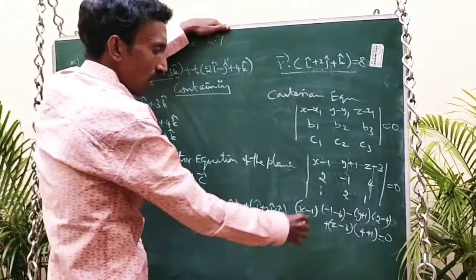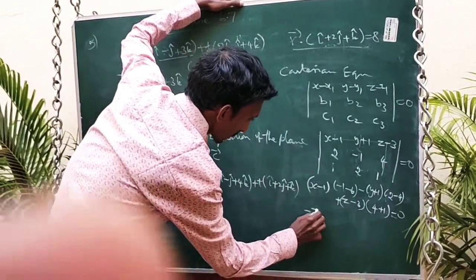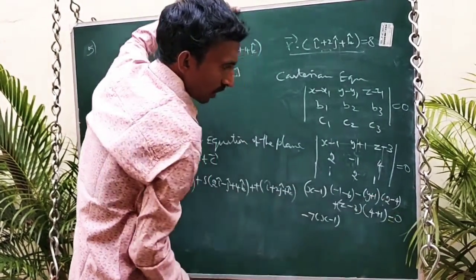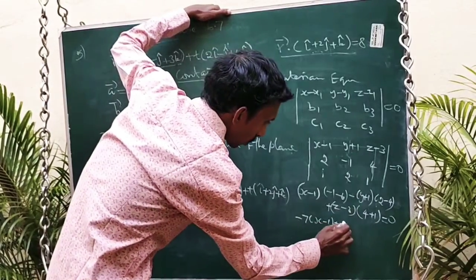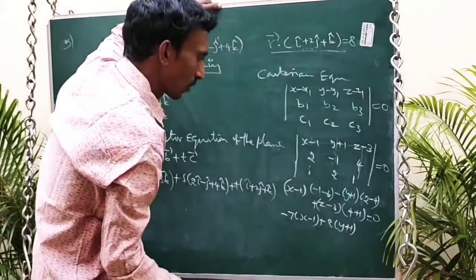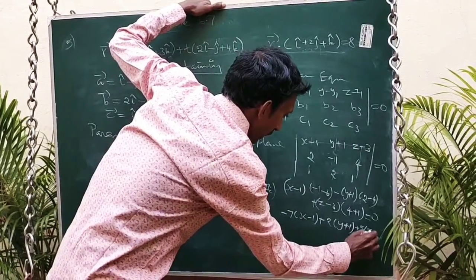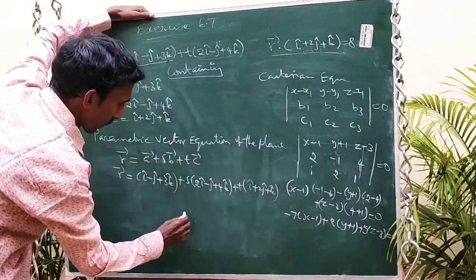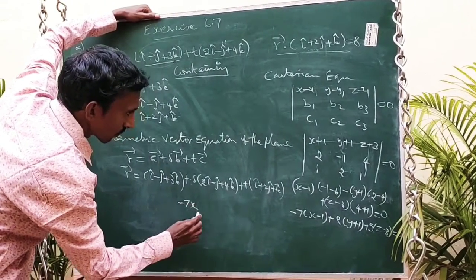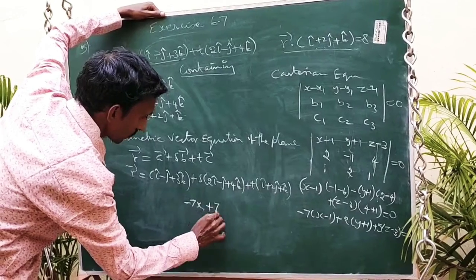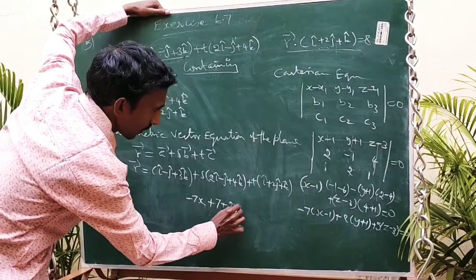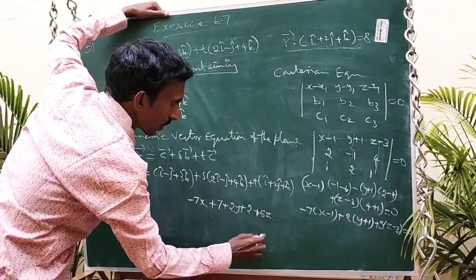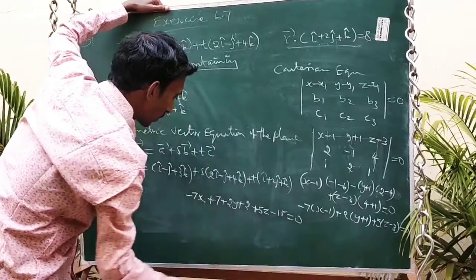So what is the first one? Minus 7 into x minus 1. What is that? Minus 2, so plus 2 into y plus 1. Plus 5 into z minus 3 equal to 0. So we have to simplify this. Minus 7x plus 7, plus 2y plus 2 plus 5z minus 15 equal to 0.